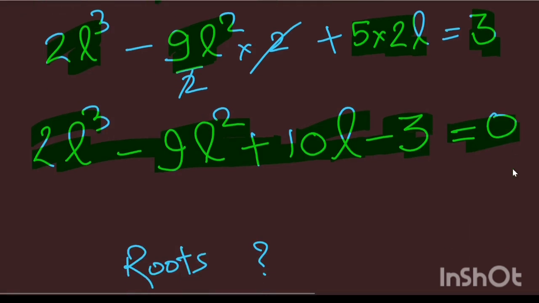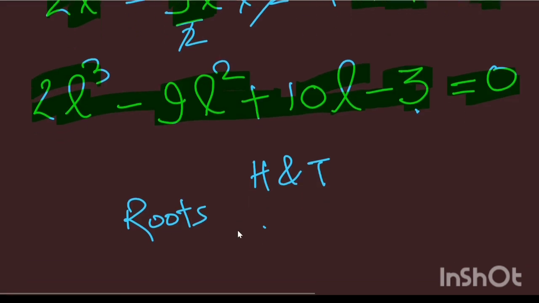And what about the roots, guys? So we know, guys, that the roots of a cubic can be calculated by hit and trial. 3 is the constant term here. We can try to factorize it, although the constant term is 3 by 2 here, but we can start with a small value like 1, minus 1, 2, minus 2, and so on.